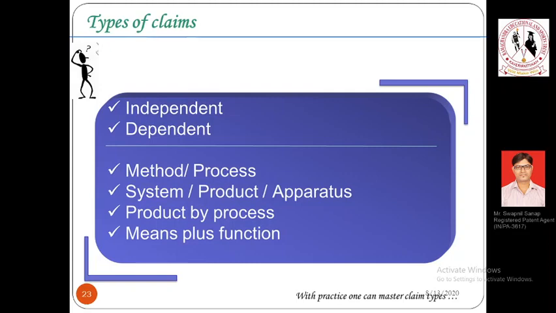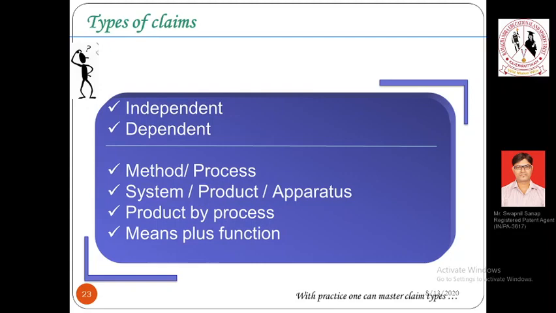For example, this wall is made up of brick, it has mortar, it has cement in it, it has white color. These are referred to as dependent claims, or complementary claims, or further limitations of the independent claims. But the independent claims are very important because the scope and the boundary of your invention are decided by these independent claims only, right?